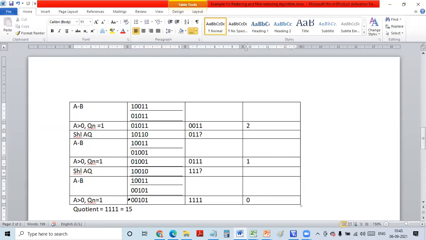Because the last inspecting quotient bit is 1, the remainder in A is correct. You need not do any further modification to get the correct remainder, because the previous quotient bit is 1, and the quotient is in this value.